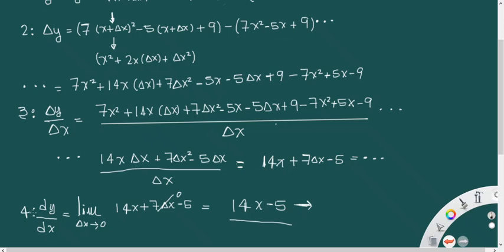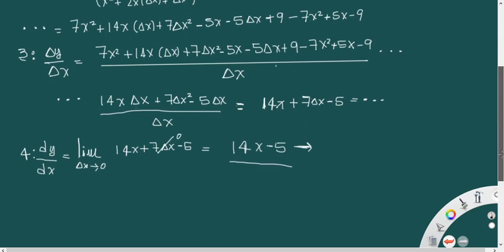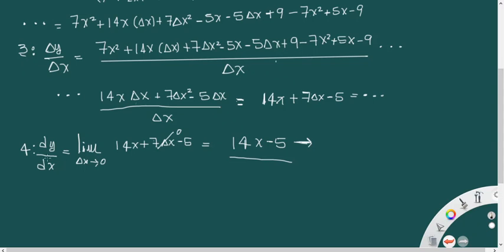Then our fourth step is to calculate the limit of that function. So the limit of dy over dx is when delta x tends to 0. In this case, the only term with delta x surviving from these operations is this one, the 7 times delta x.